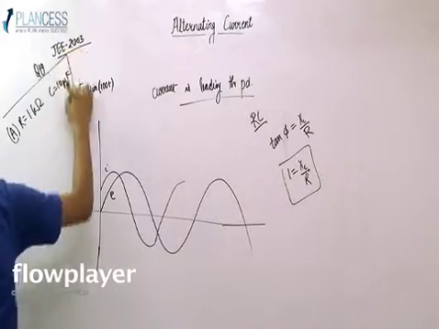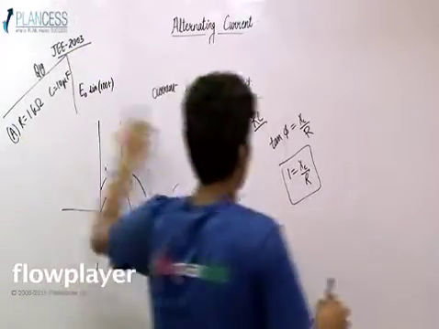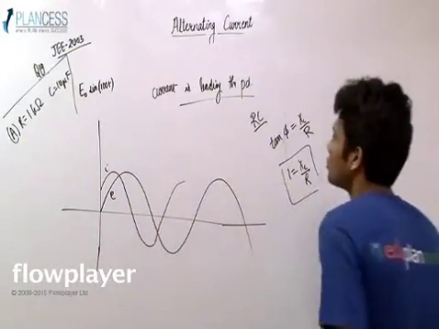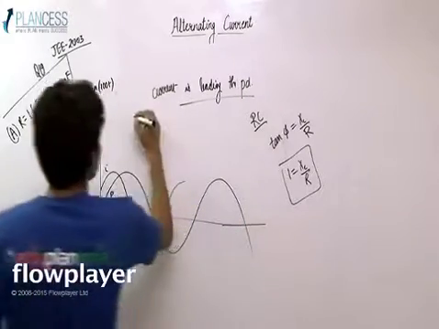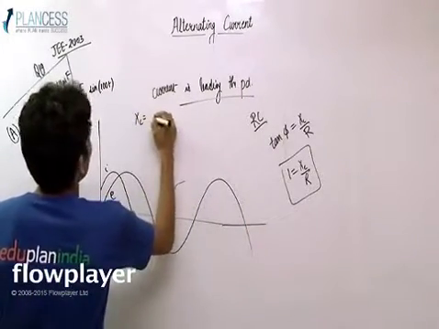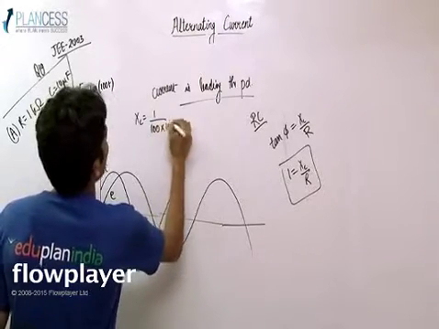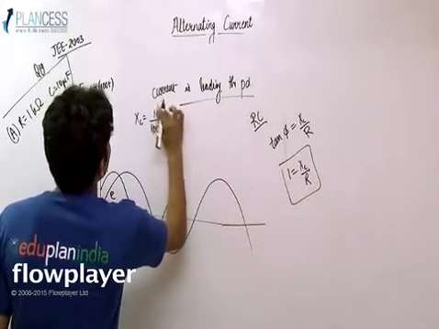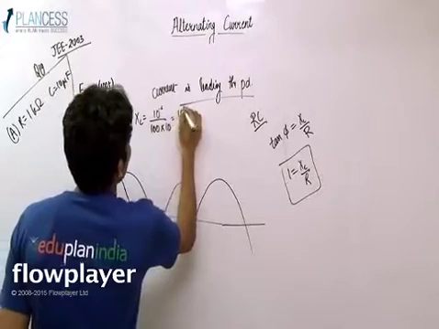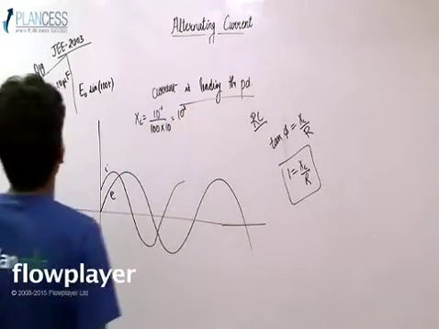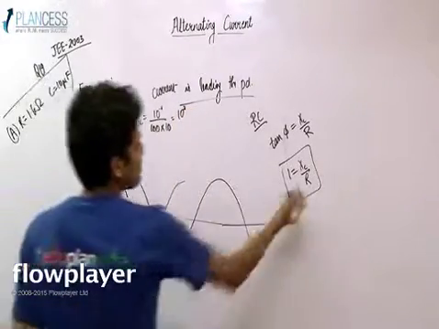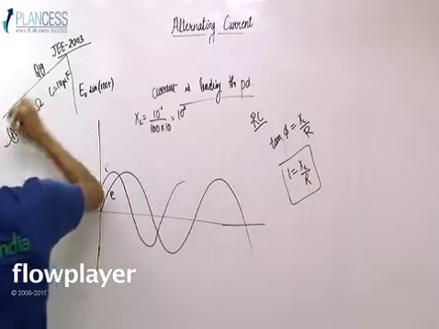So is this option correct? Let's check out. We want XC upon R to be equal to 1. So calculate XC for this. It would be 1 by 100 into 10 into 10 to the power minus 6. So this would be 10 to the power 3. So XC is 10 to the power 3 ohm and R is 1 kilo ohm. So okay, A option is correct.